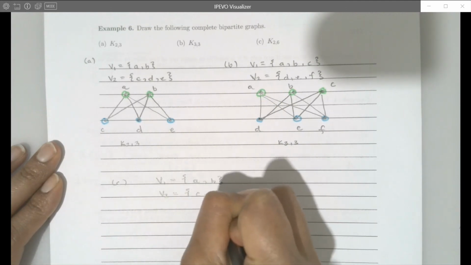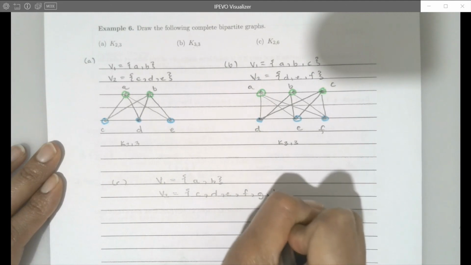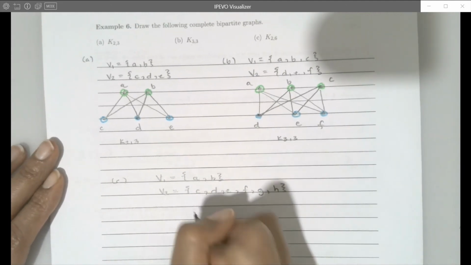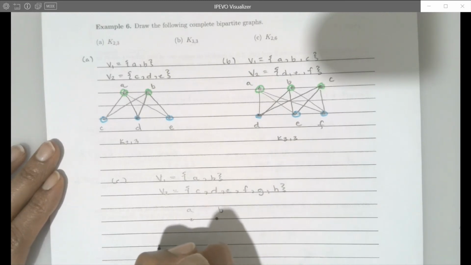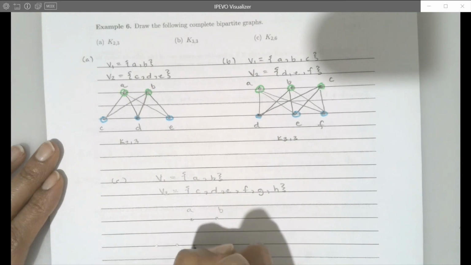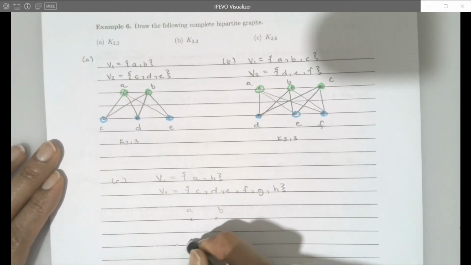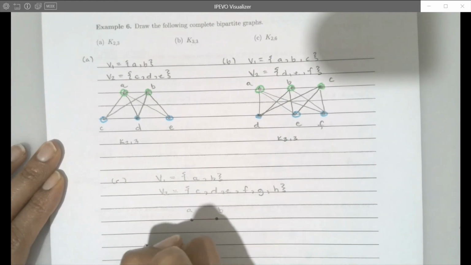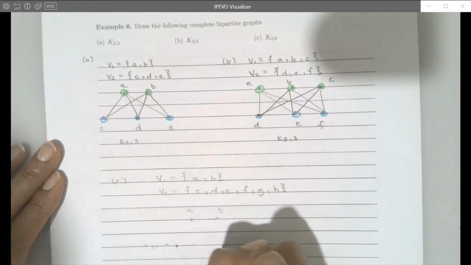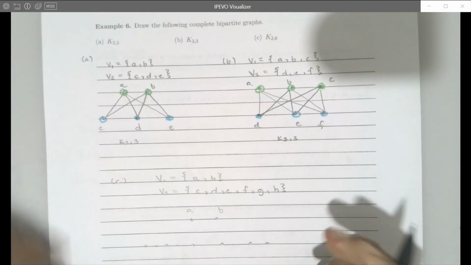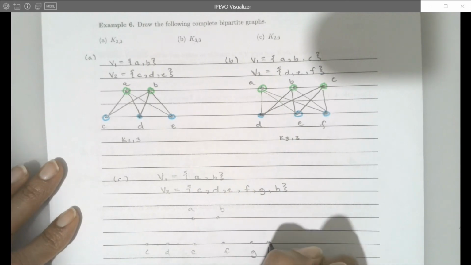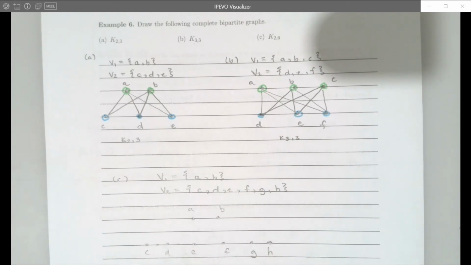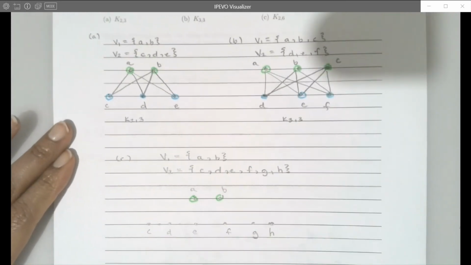So we'll have C, D, E, F, G, H. Alright, and similar process, A and B are part of V1, so we'll color code that green.